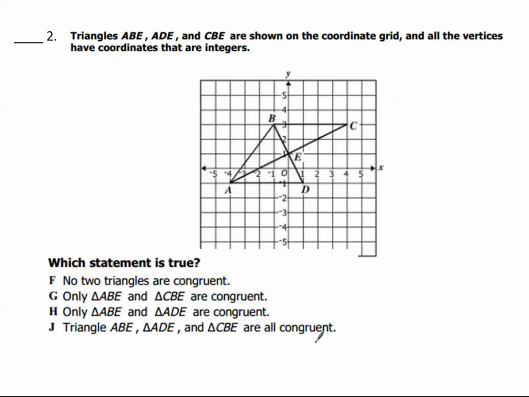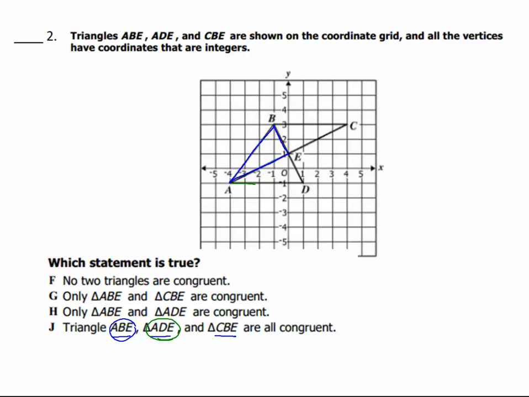Well, let's start with examining all three of them and seeing what we can tell about those. And then from there we can eliminate possibilities, maybe go down to 2 or no triangles. So ABE, we'll look at that one first. I'm going to trace the three triangles actually to see what they look like to start.